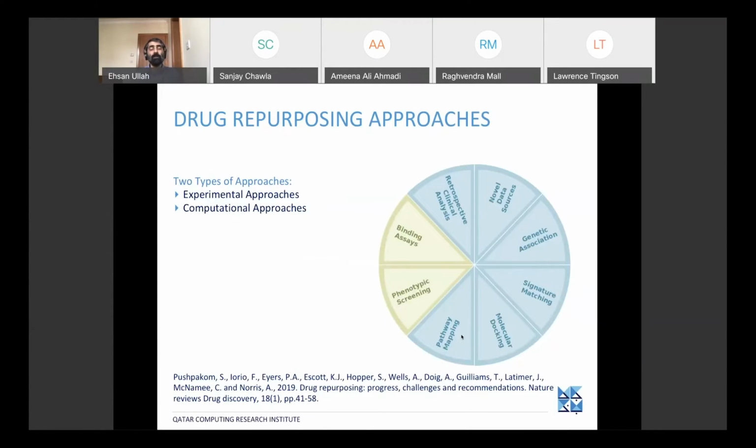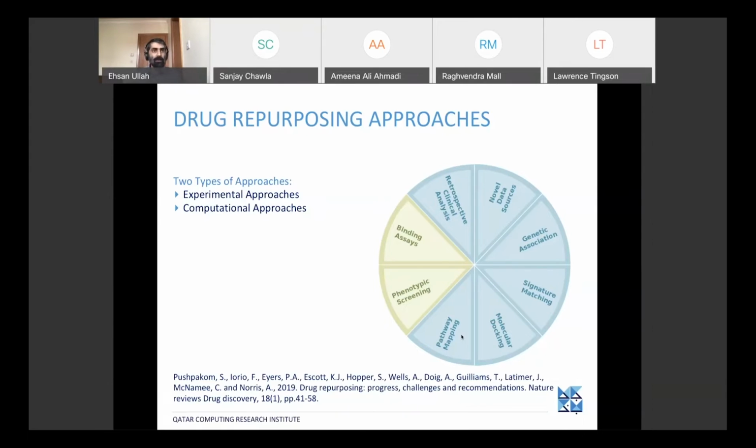If I'm going to discuss these drug repurposing approaches, there are primarily two major categories. When I talk about drug repurposing approaches, I'm talking about the second stage in the drug discovery pipeline, which is exploratory research. These approaches correspond to the exploratory research phase of drug repurposing.